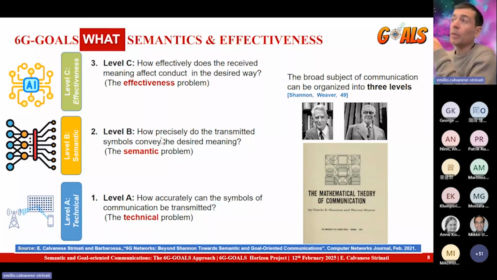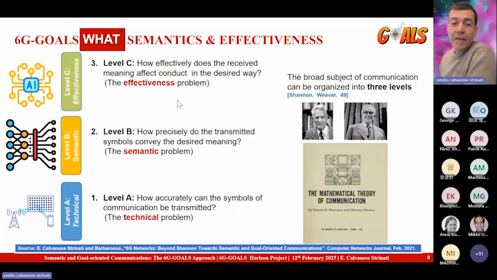And then there's a third level, the effectiveness level, related to the intent and goal of the communication: how effectively does the received meaning affect conduct in the desired way? So in the environment where your agents are operating, the information that you receive with a given precision is useful and needed to achieve a goal.